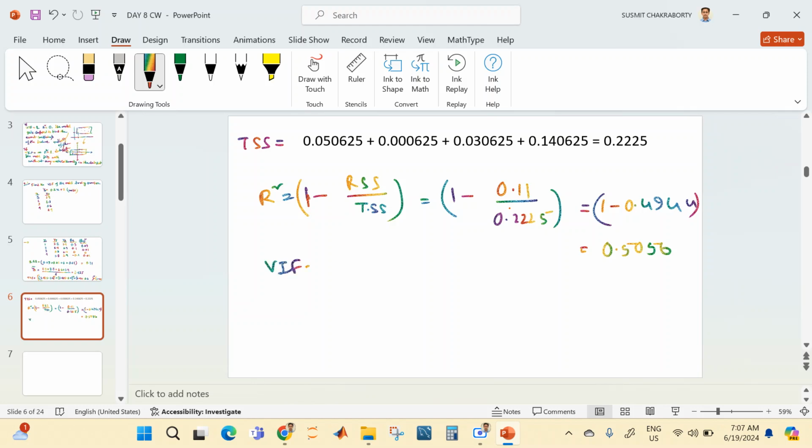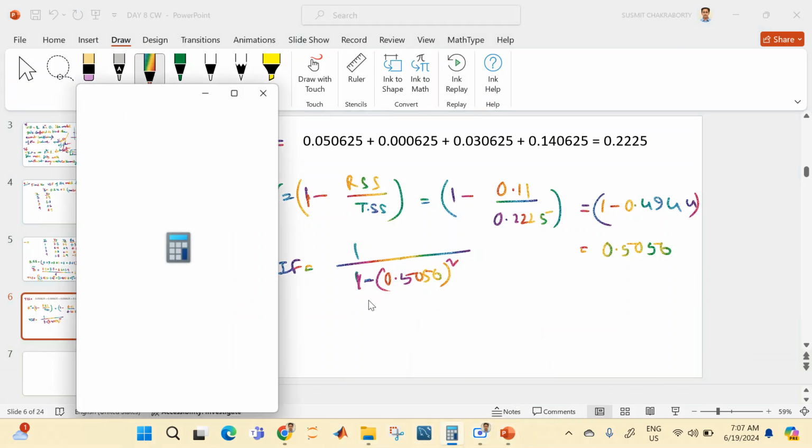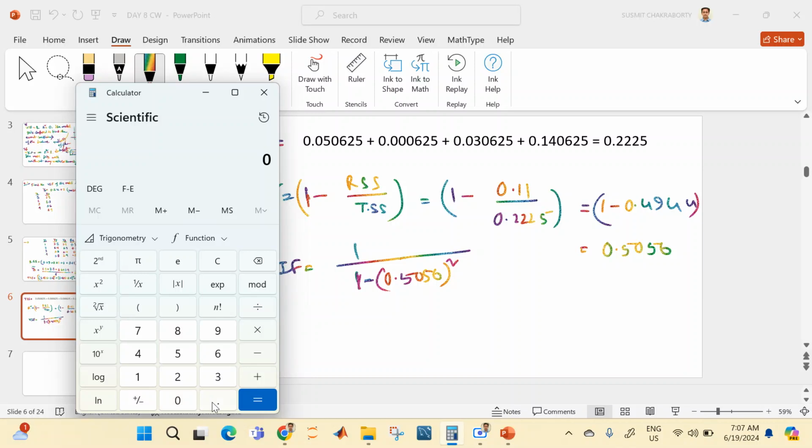And what is the VIF now? VIF is 1 by 1 minus R square, that is 1 minus 0.5056 squared. I did 1 minus there, but the answer is not saved.